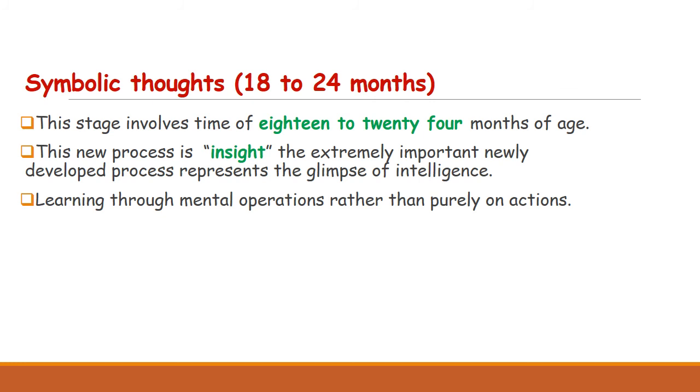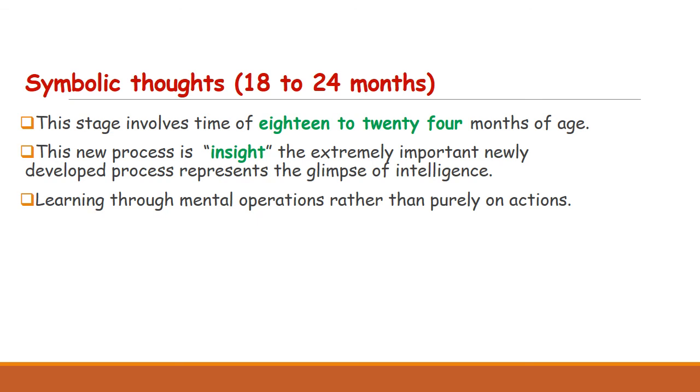And Piaget says what is the important development. So now the question is, what is the important development in tertiary circular reactions? The important development is that human curiosity develops, and the child starts taking interest in novelty. The child wants to try out new things, new experiences in his or her environment.